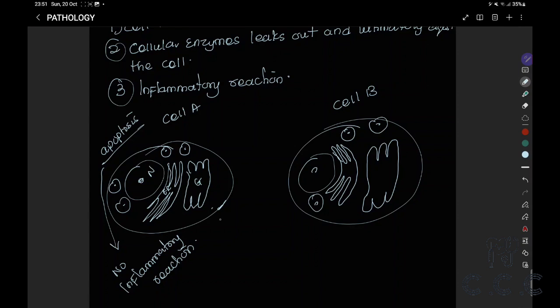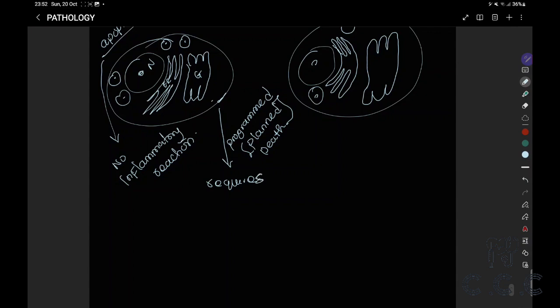Because it is very programmed. It is planned by the cell. It is a planned death. And so, since it's a planned death, it requires energy.